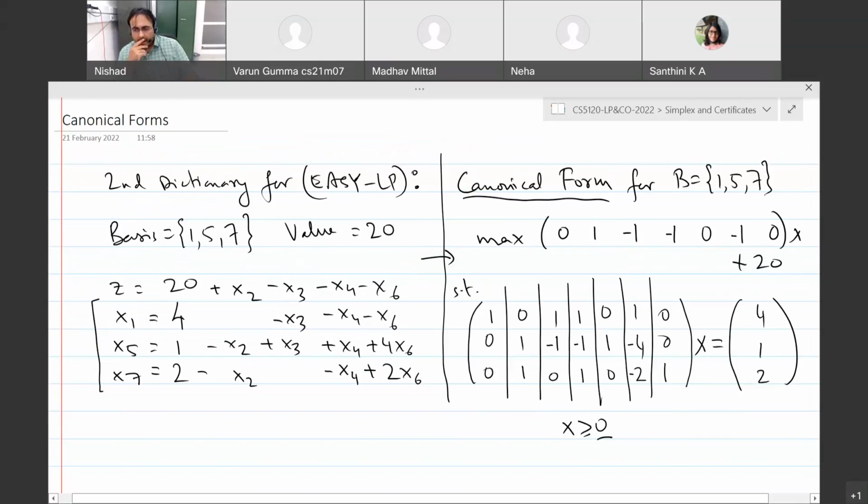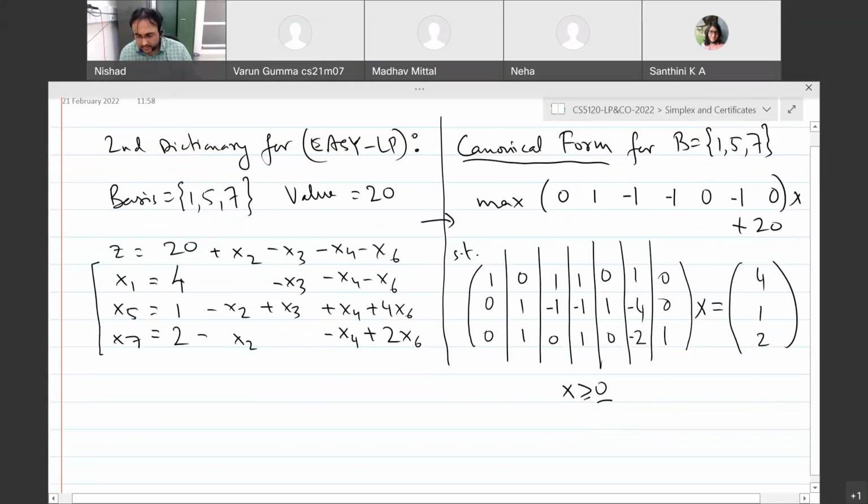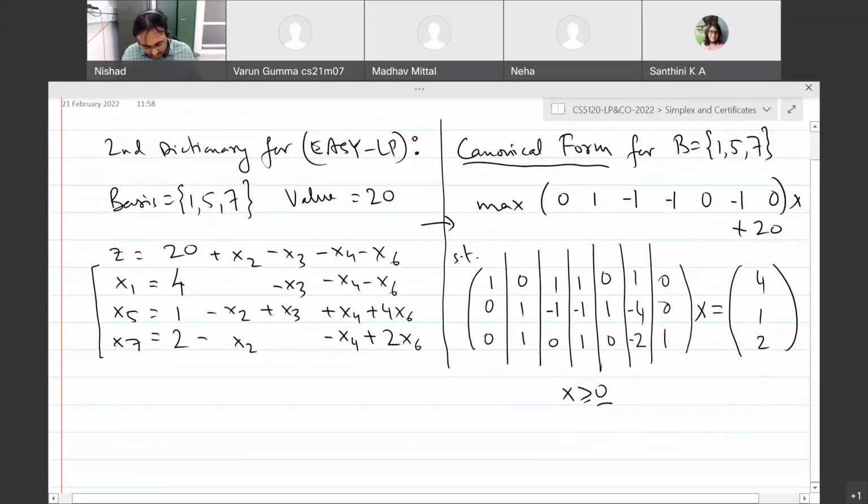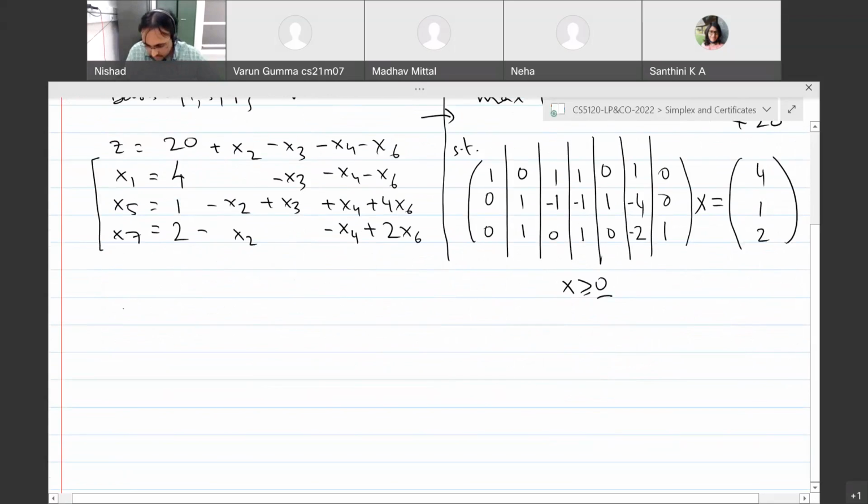Okay, and let's just write down what the properties are. So let's write down a formal definition. Consider the following SEF LP.